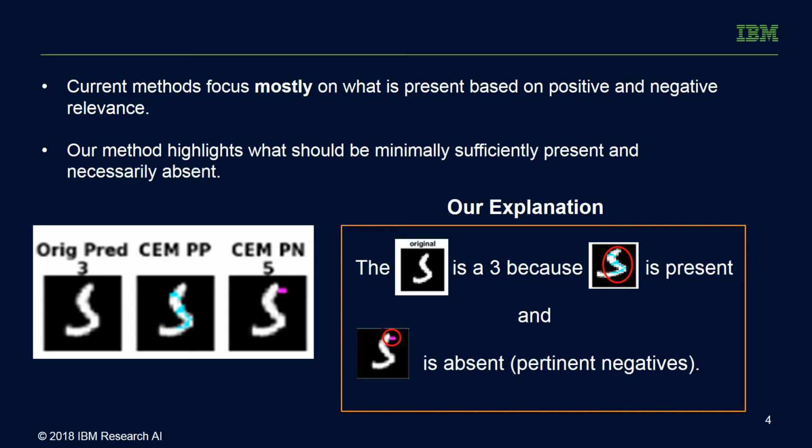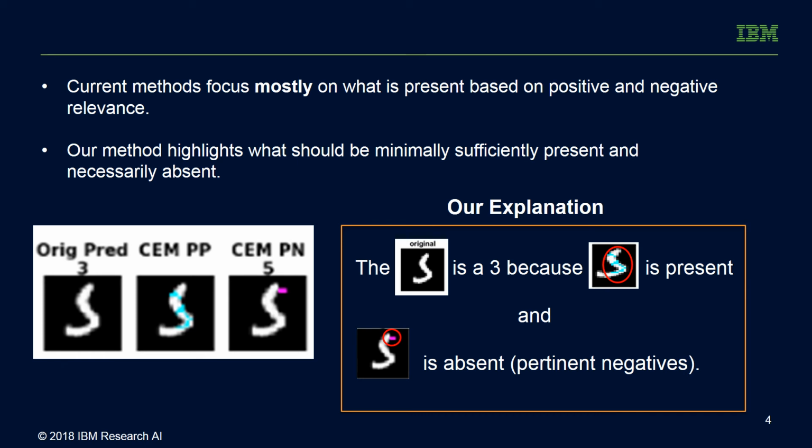And these are not just positively relevant, but are minimal and sufficient for the neural network to produce its classification. So in other words, if we just select the cyan pixels and black out everything else and pass it as an input to the neural network, the image will be classified as a 3.